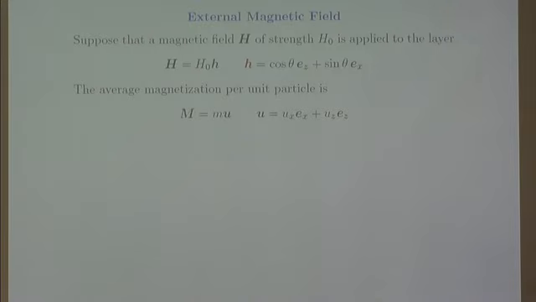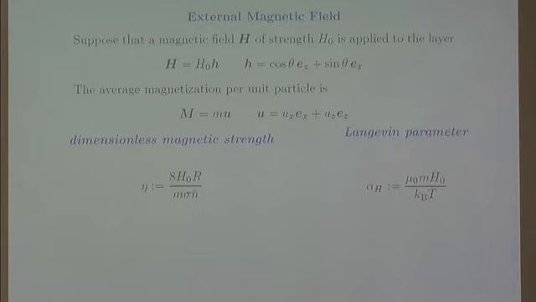In this case, we introduce the average magnetization, which is simply defined in this way. And we introduce this dimensionless magnetic strength, which measures the strength of the applied magnetic field relative to the magnetic moment.